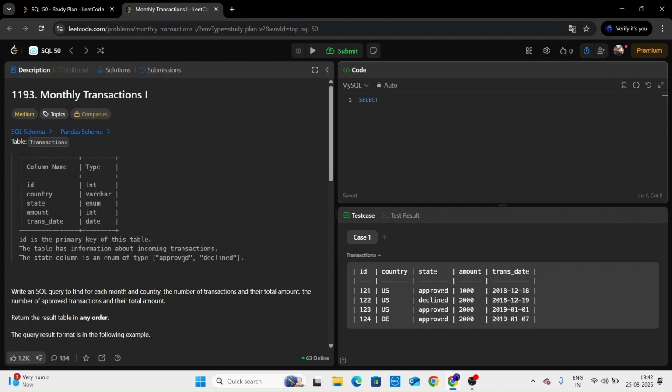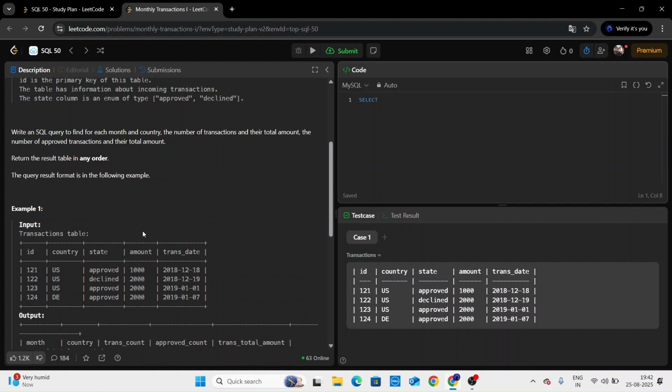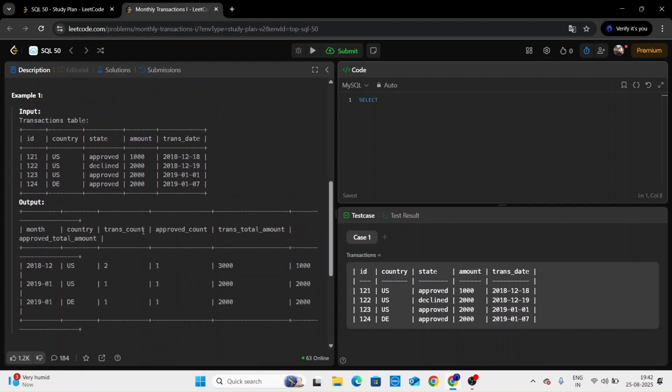Not really, but we learned about the required functions. I had the idea, but I was not able to execute it because of my lack of knowledge in syntax. So now that I know the syntax, we will try to solve it on our own.